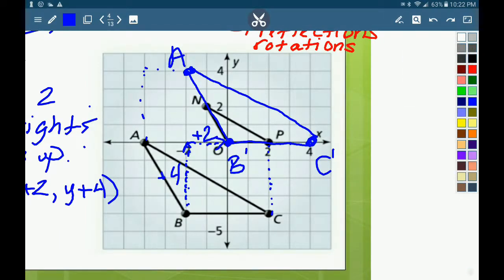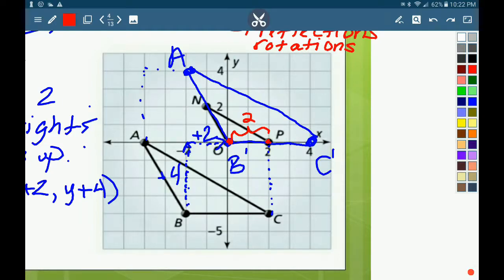I'm going to have to figure out what the scale factor is. Do I want to make it half of the size, a quarter of the size, or a third of the size? I don't know, so we need to observe the side lengths. What I'm noticing about NOP is that from O to P, this distance is 2 units.